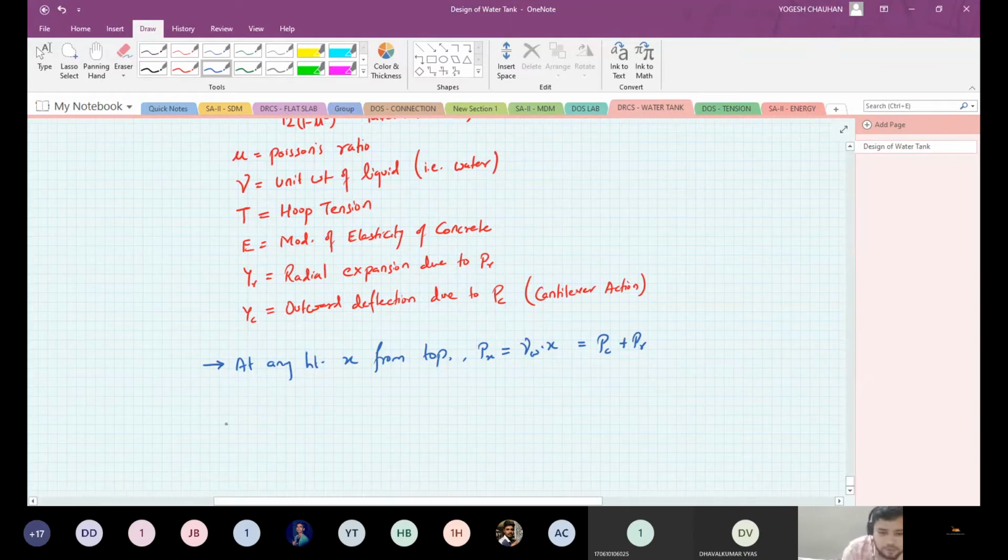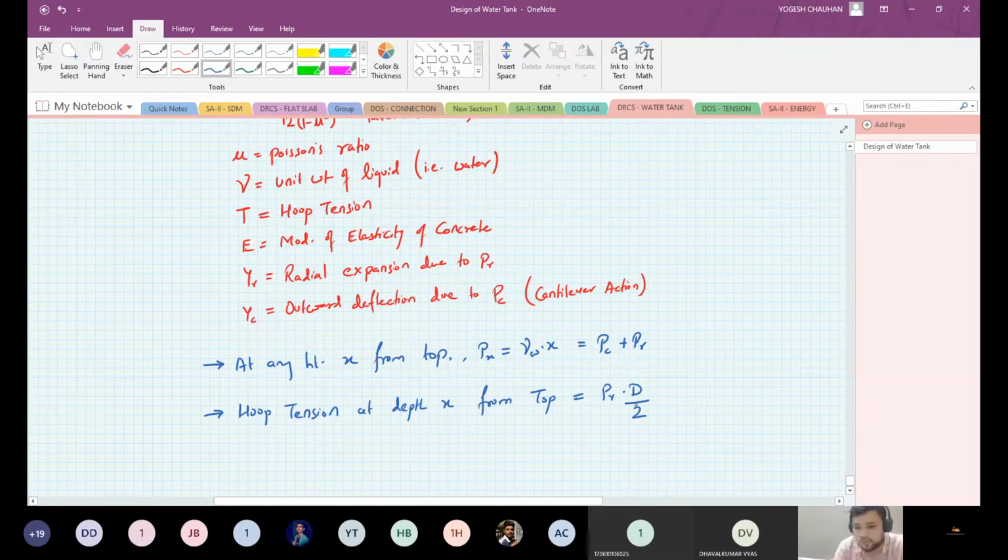Now, from the definition of the hook tension, the hook tension at any depth x from top is equal to Pr times d by 2, that is pressure into half the diameter.